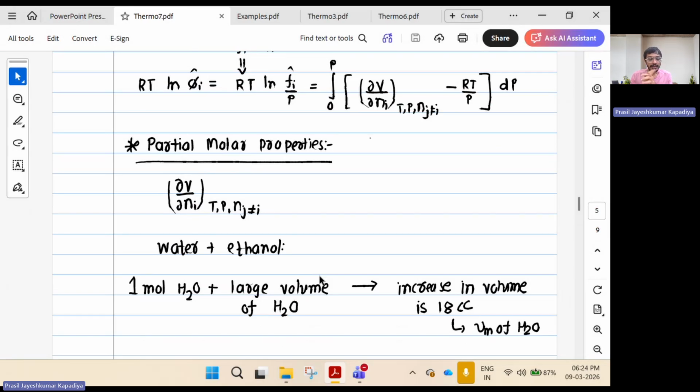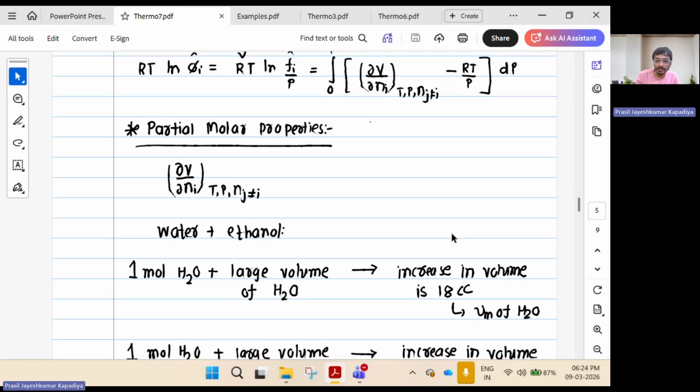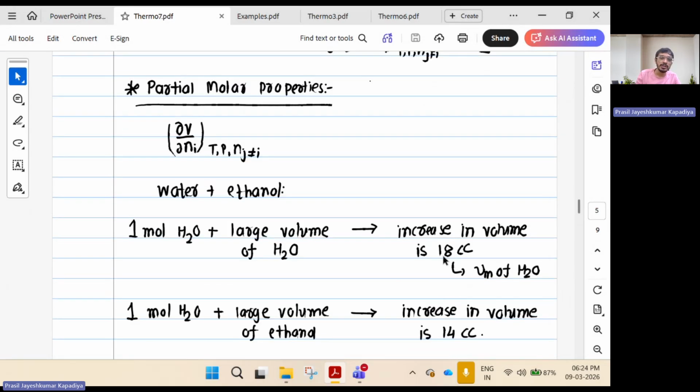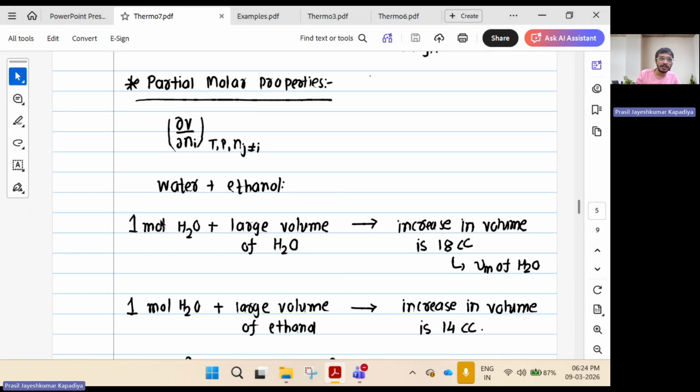When I am adding to a large volume of water, let's say that volume is V, and I am adding 1 mole of water, the volume should increase in a way that my original volume was V, and 1 mole of water has the volume of 18 cubic centimeters. So my total volume should increase by 18 cubic centimeters. That is my molar volume of water. So that is correct. That is expected.